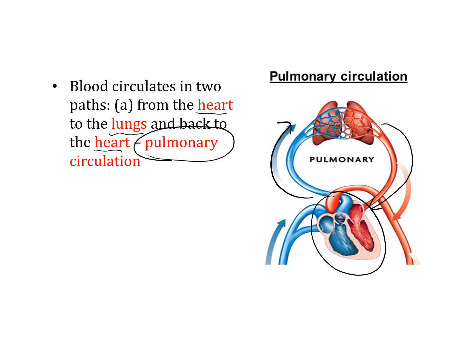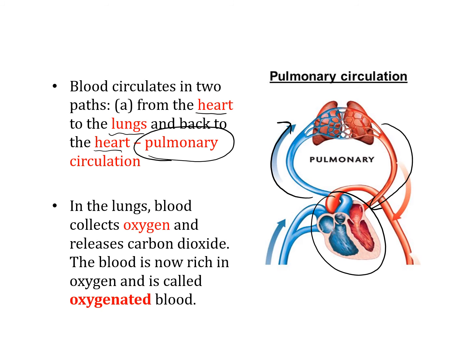So this is called pulmonary circulation. Now, why is it very important to have this pulmonary circulation? It is through pulmonary circulation that oxygen from the air will diffuse into the blood to be transported to other parts of the body, and carbon dioxide will also be removed from the body through this circulation.